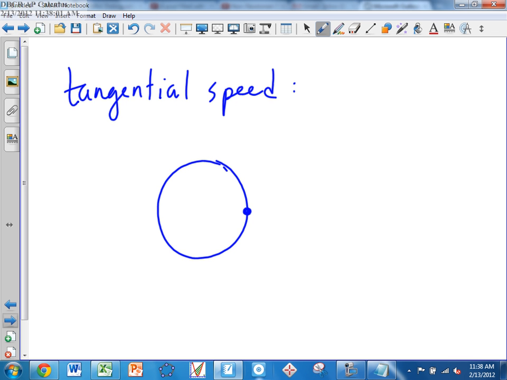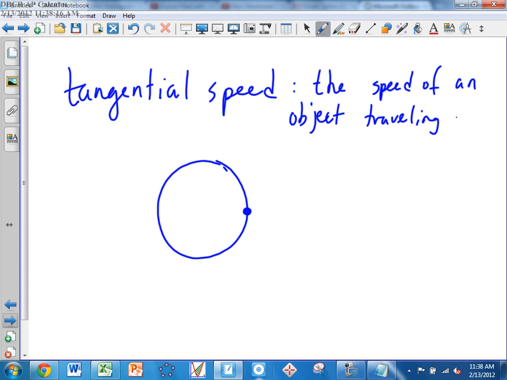The tangential speed. Guys, this is one of those times where the word itself is self-explanatory, so you're going to see it in its own definition.